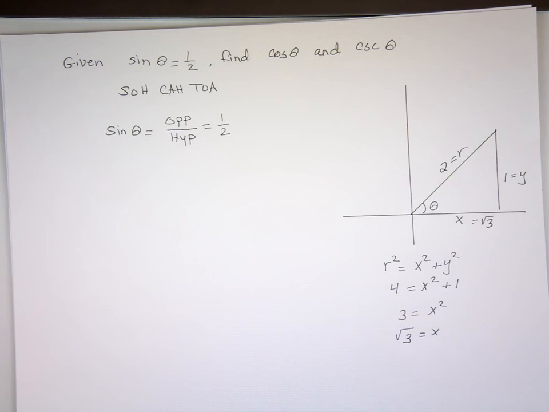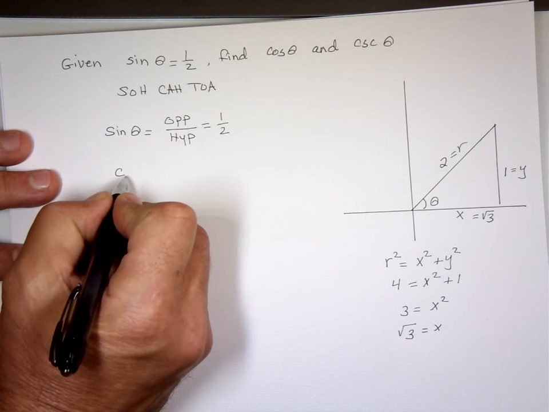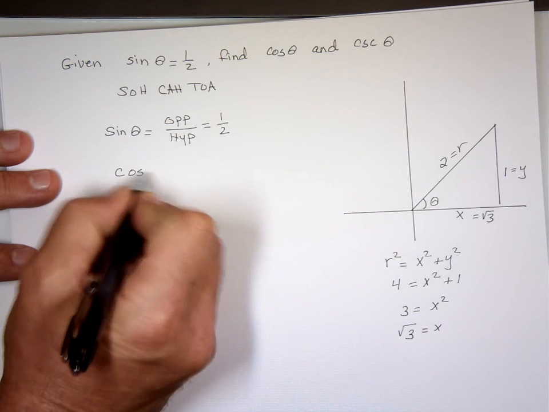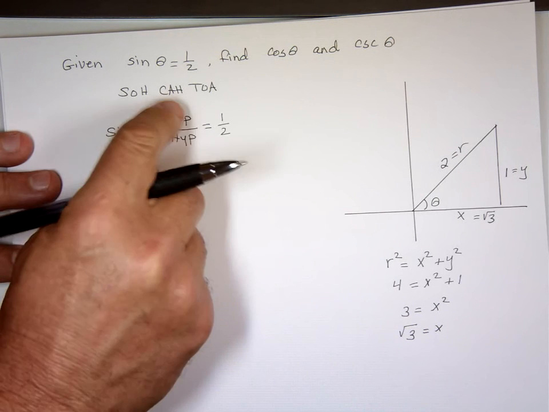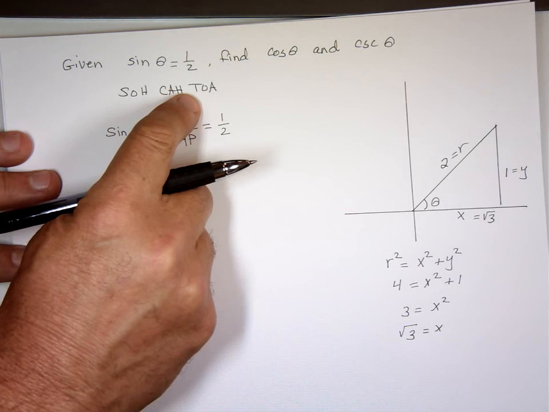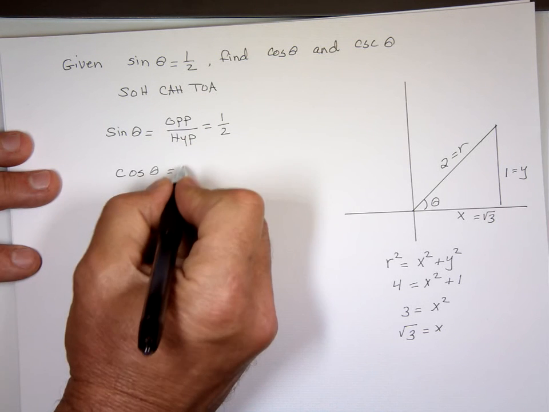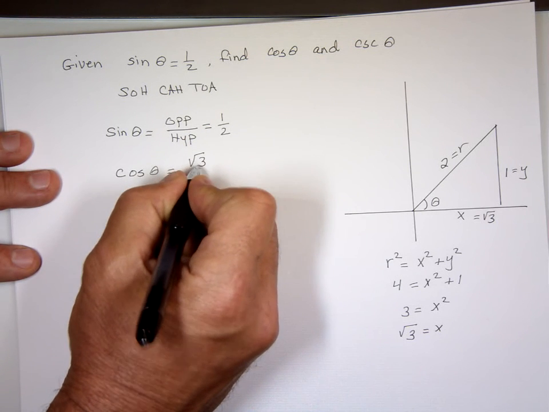I'll do all the rest of the trig functions. Since I got all the sides, you want to find the cosine? Cosine is the adjacent over the hypotenuse. What's my adjacent? Square root of 3 over 2.